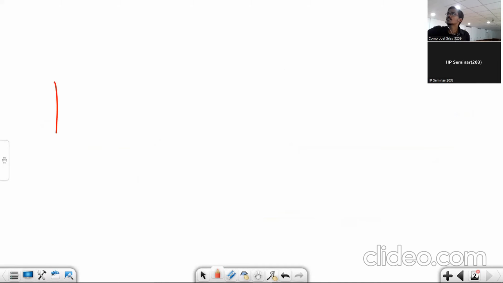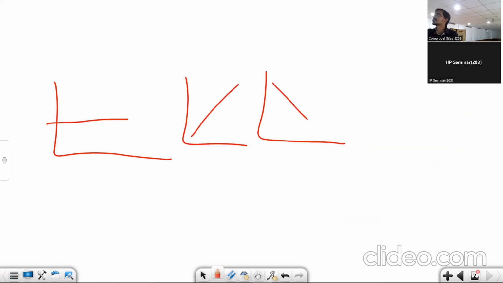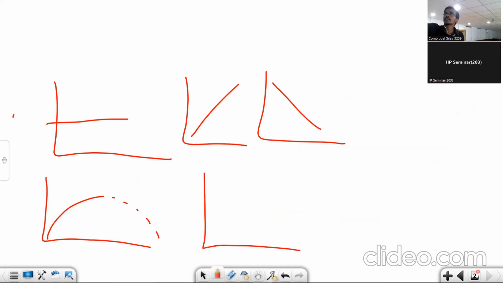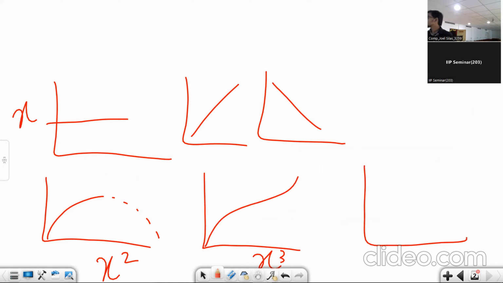So once again, for a linear function, it may be constant or positive slope or negative slope. For quadratic, we have something like this and it will go this way. This is for x. This is for x squared. For x cube, the graph is somewhat like this. If we consider the square root function, then the graph will be somewhat like this.